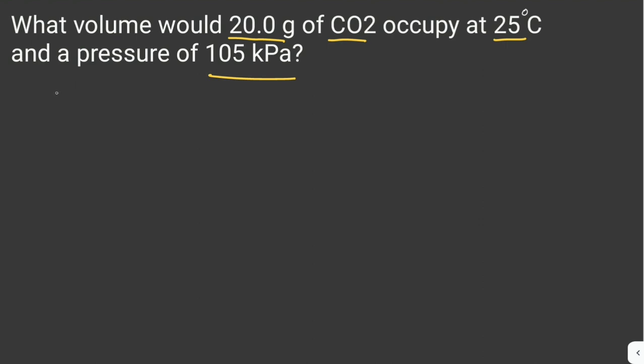And here we can use the ideal gas law formula, which is PV equals nRT, where P is our pressure, V is our volume, n is the number of moles, R is the ideal gas constant, and T is our temperature in Kelvin.